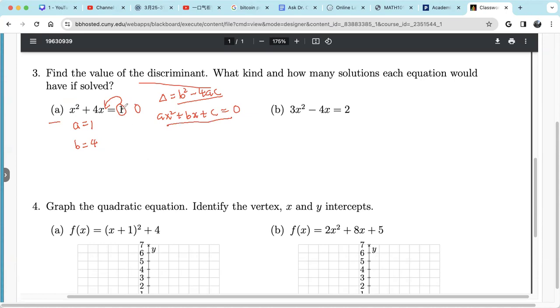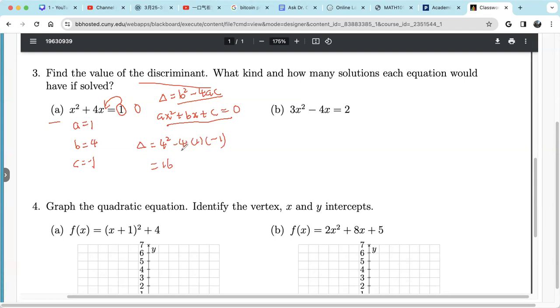+1 on the right-hand side, move to the left, it becomes -1. So C equals -1. Now we plug into the discriminant. B squared is 4 squared minus 4 times A, which is 1, times C, which is -1. 4 squared is 16.